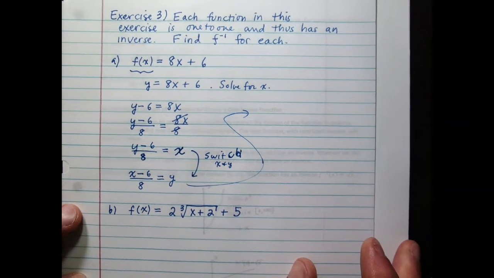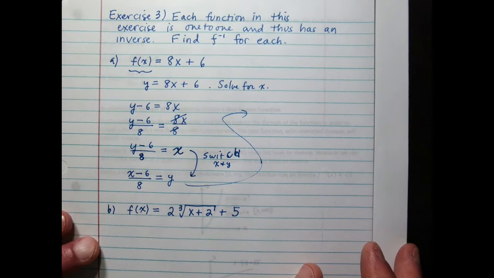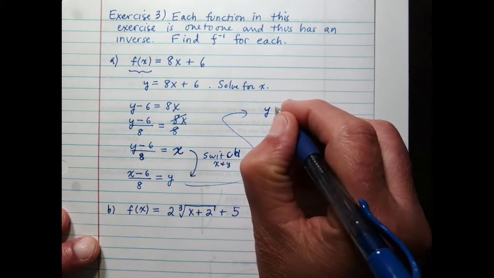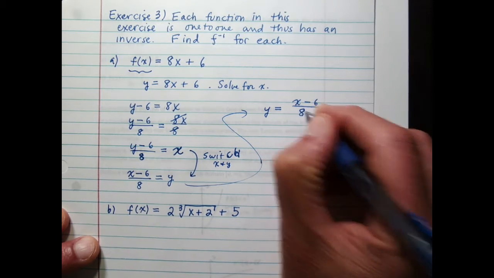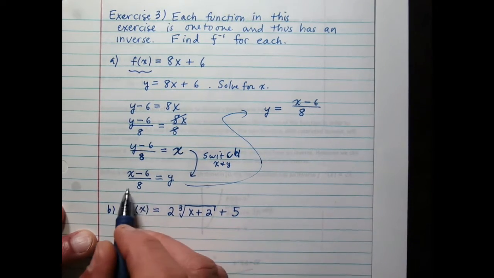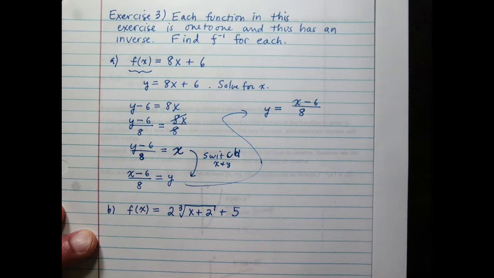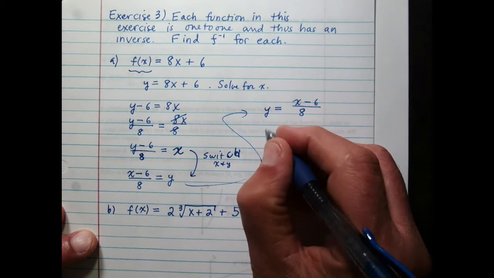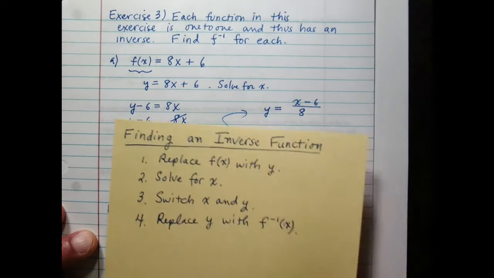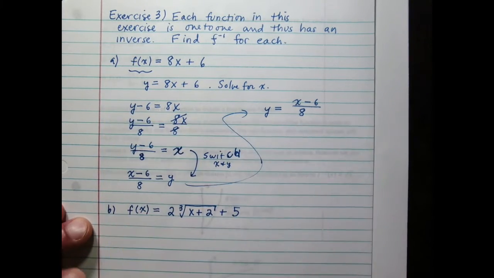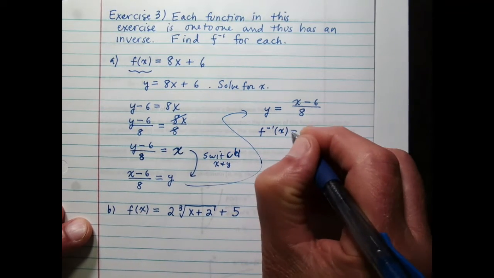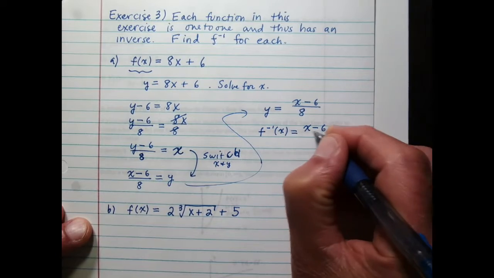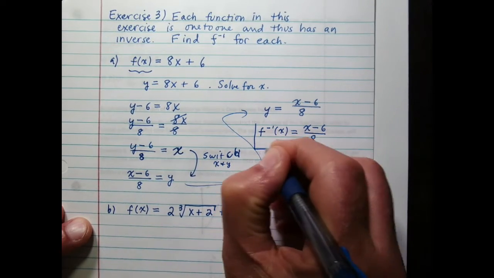I like to write y out in front, and that's equivalent, right? I just wrote y in front of the x minus 6 over 8. And now I'm going to replace y. So step 4, I'm going to replace y with the f inverse of x notation. f inverse of x is x minus 6 over 8. And that's what we were after.